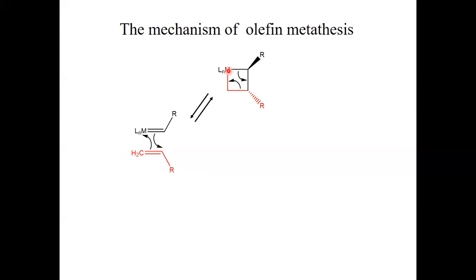So it can relieve the strain either by just the reverse reaction, okay, but the ring can also open in a new way, making new bonds. So it can also cleave so that this electron pair here goes here, and this electron pair here goes over there.